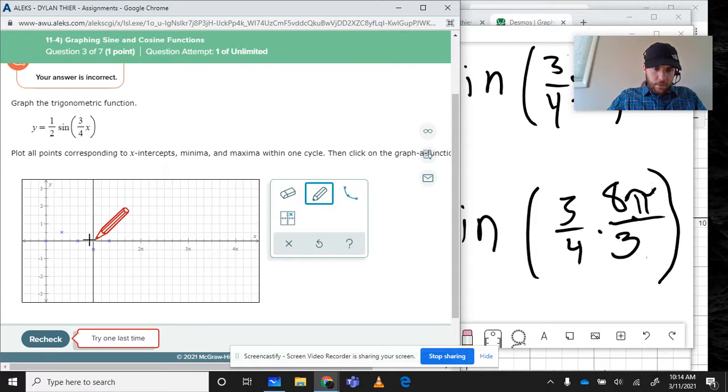There are sixths right there, so that's 3/3. Oh, we wanted to go to 8/3. That was only 3/3. So that would be 6, and then 7, 8. Okay, I think this is the end of my cycle. I just miscounted on the graph. Let's try that out.